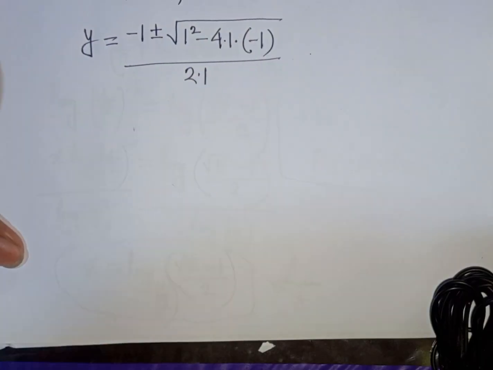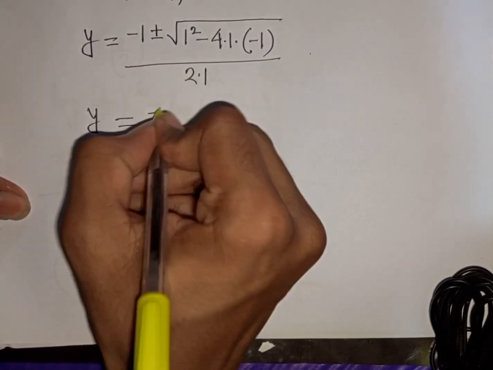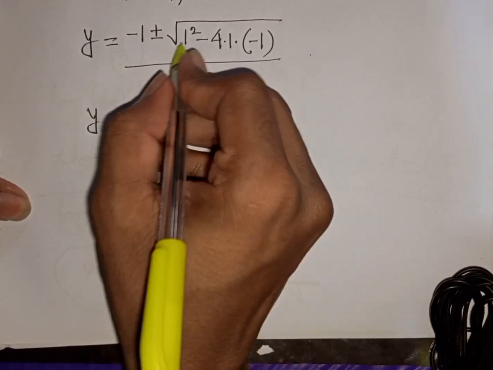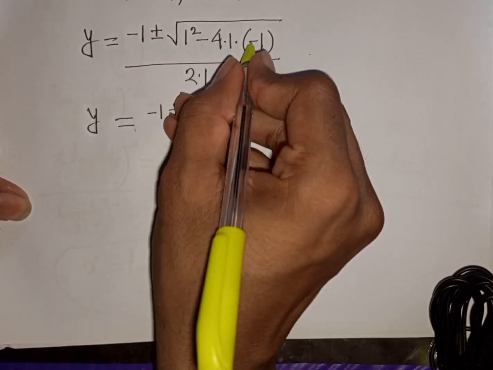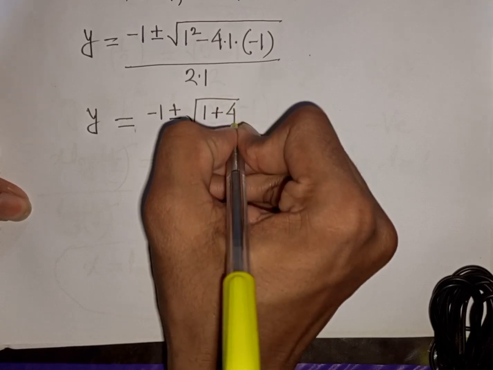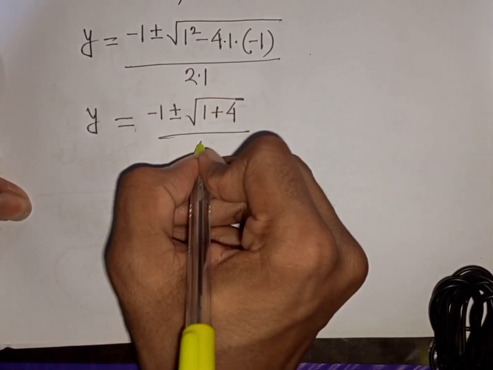Now I can write y is equal to minus 1 plus or minus square root of 1 square is the same as 1, minus times minus means plus, 4 times 1 that means 4, then divided by 2 times 1, that means 2.